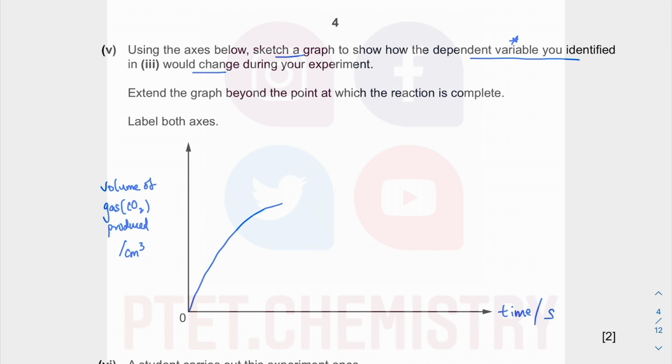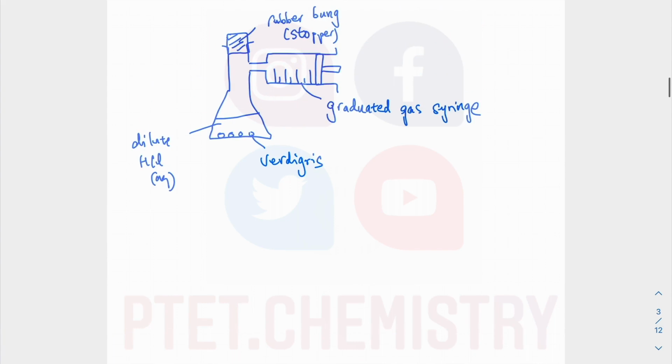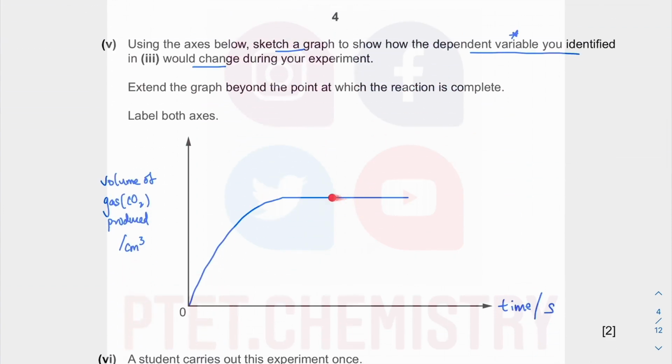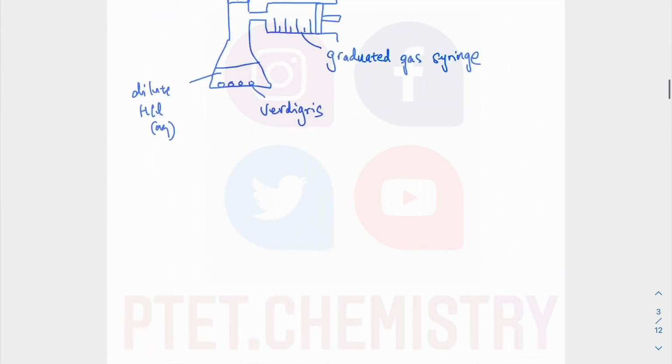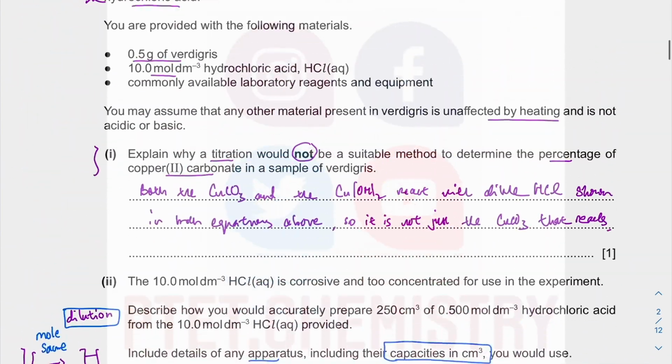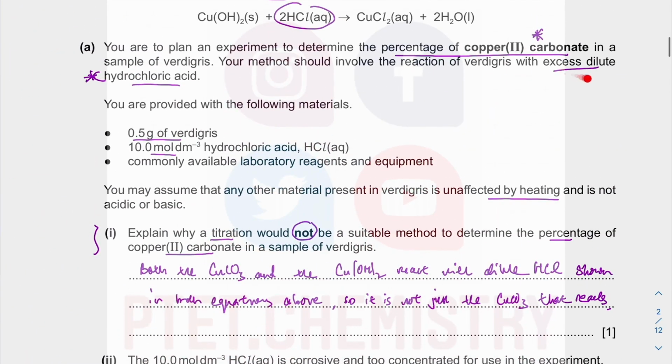Okay, so you would eventually come to a flat line, as I mentioned, when there's no more effervescence shown by your solution mixture, and then no more gas is being produced, therefore the piston wouldn't be pushed further, and your volume of gas would have just stayed constant. That indicates that no more carbon dioxide is being produced, no more carbonate is present, because you use excess acid anyway. If you read all the way to the earlier question, you use excess acid.